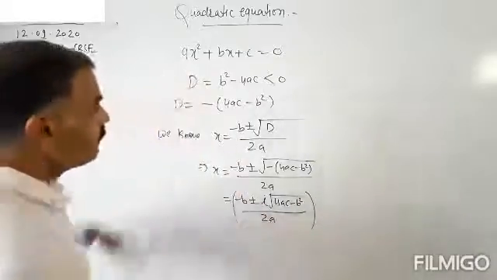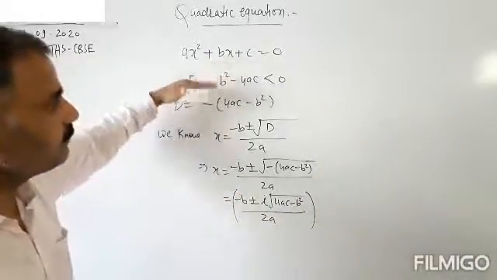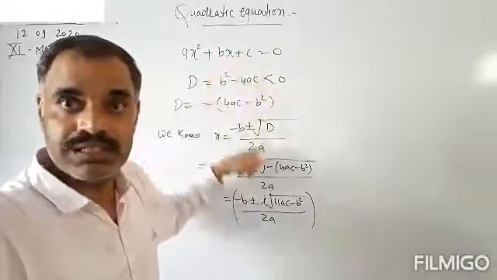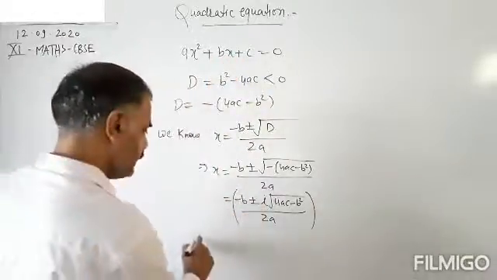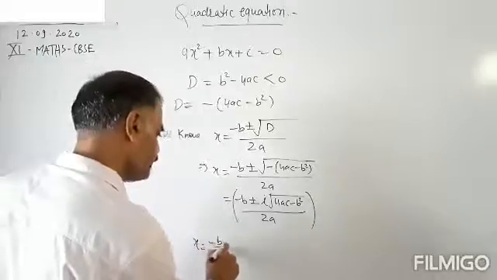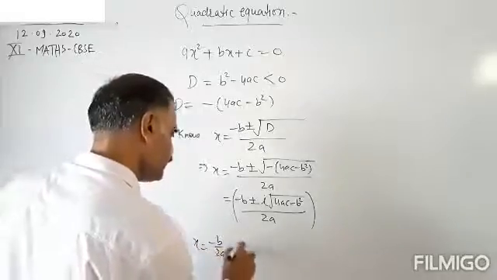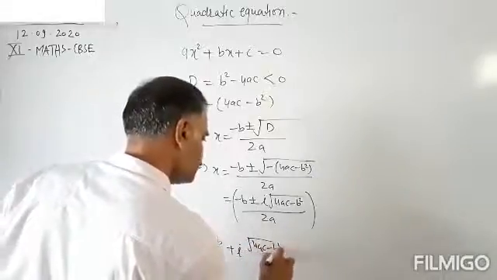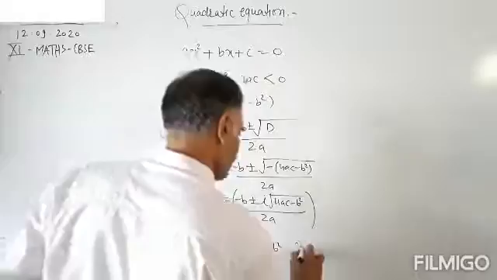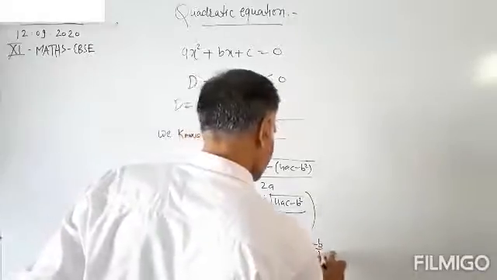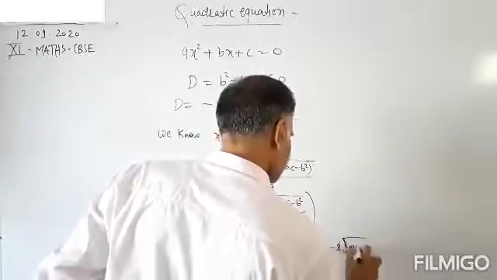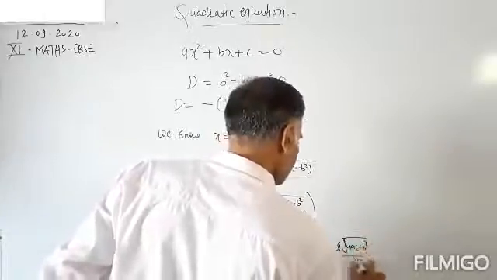Okay, so the roots of the given quadratic equation when d is less than 0 can be given as x equals minus b upon 2a plus minus iota under root 4ac minus b square upon 2a.